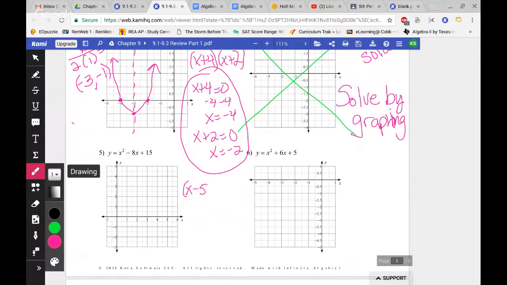So x minus 5, x minus 3 are the factors. So if I set each one of those equal to 0, that's going to give me 5 and 3. Does that make sense?